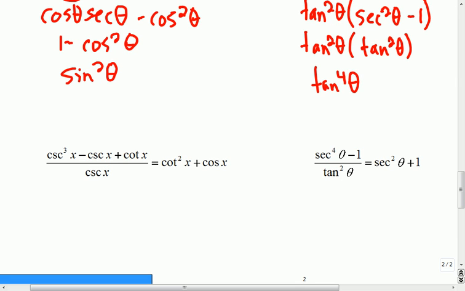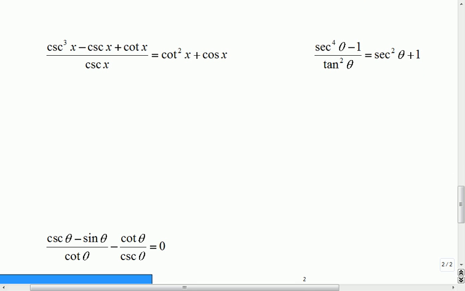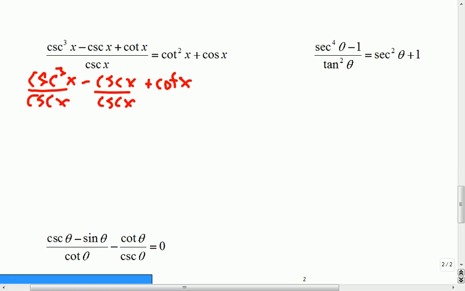In the next one, there's several ways to do it. One thing you might notice, or at least one thing I notice when I do it, is that there's cosecants all over the place here. So maybe one thing I could try is, what if I broke up this fraction and put the cosecants underneath each of them? Well, that way I'm going to end up with cosecant squared over 1.